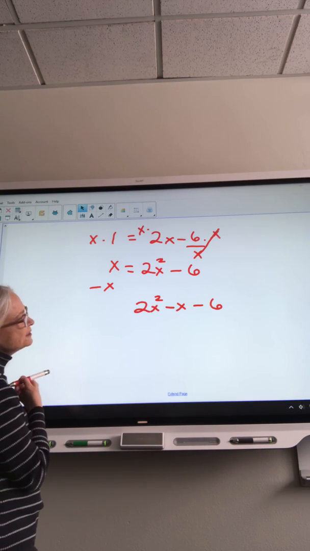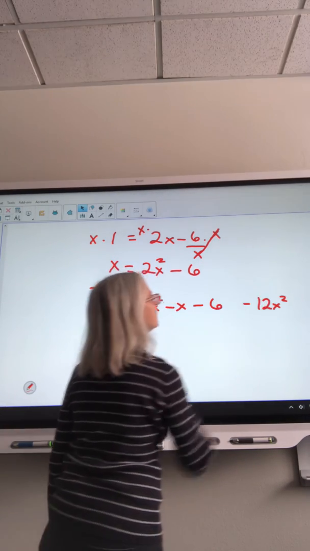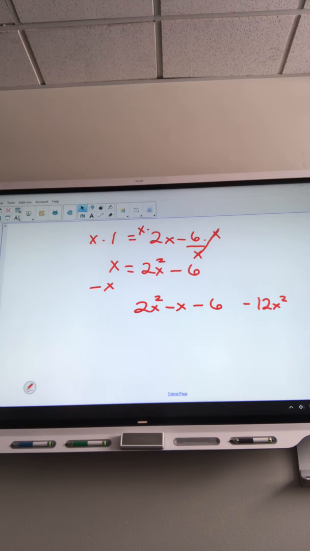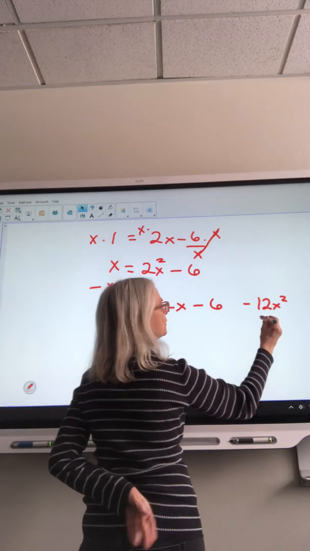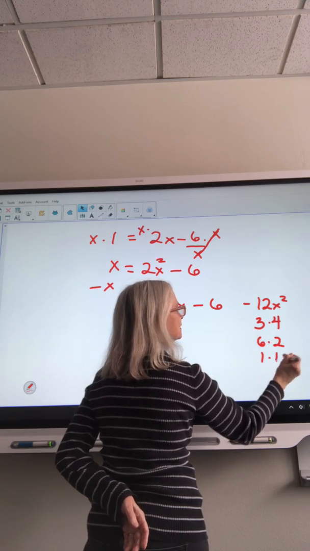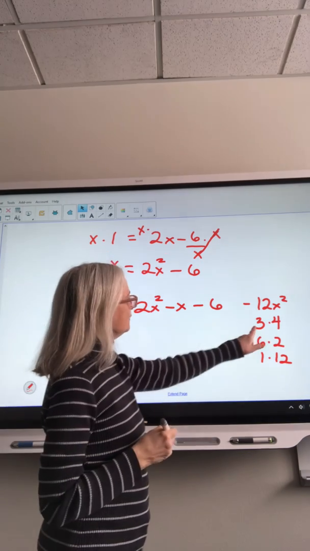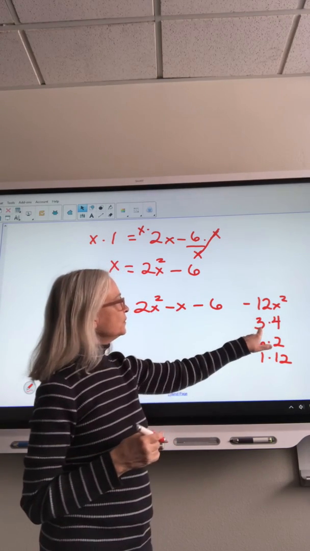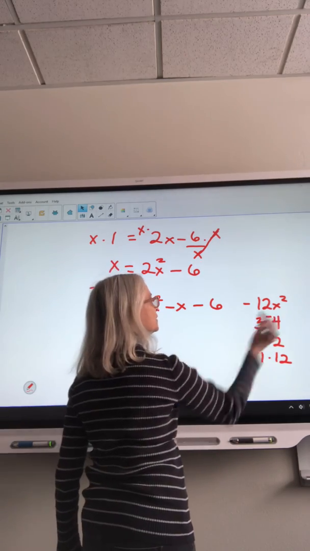So 2x squared times a negative 6 would be a negative 12x squared. Now I'm looking for a product of a negative 12x squared, which would be a sum of a negative 1. And so we've got some possibilities: 3 times 4, 6 times 2, and 1 times 12. But the only one that would give me a sum of a negative 1 would be 3 times a negative 4.